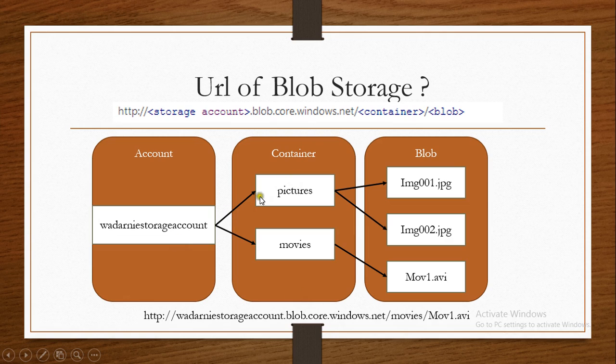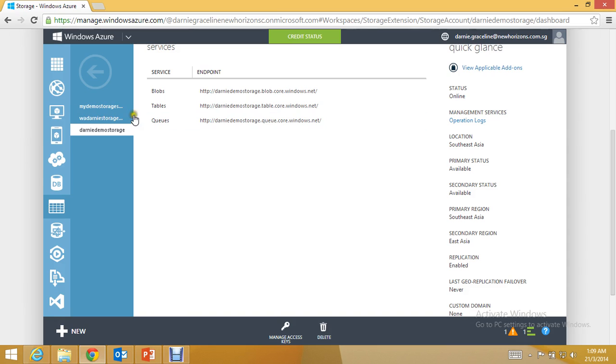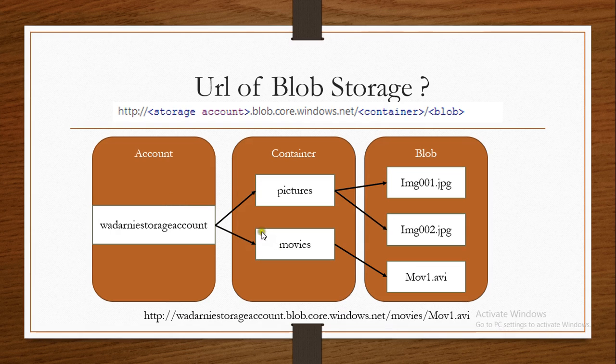So what I'm doing here is accessing my Windows Azure storage account. If you are going to follow this current demo, then my account name will be Darni demo storage. So this will be my account name, and I will create 2 containers.